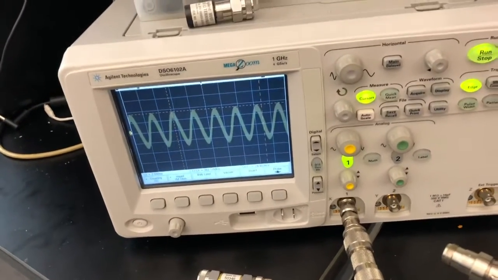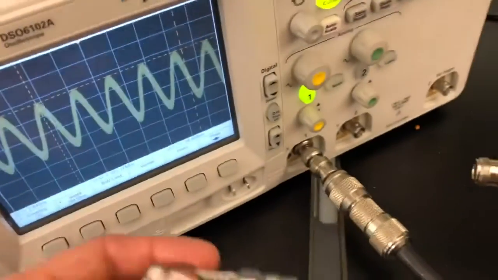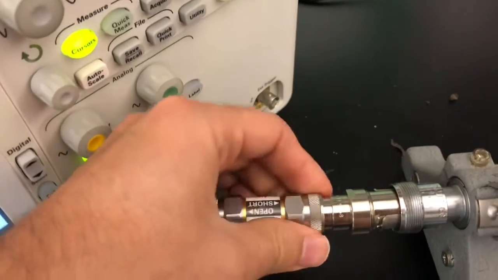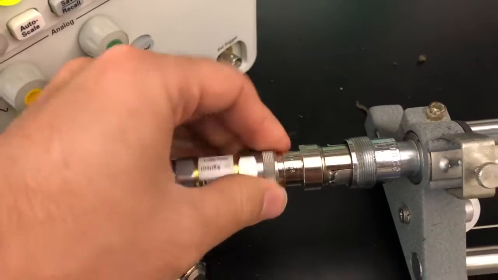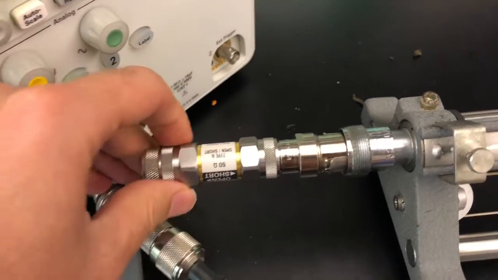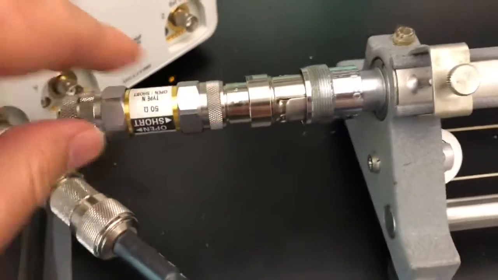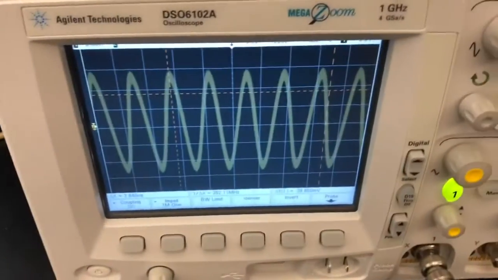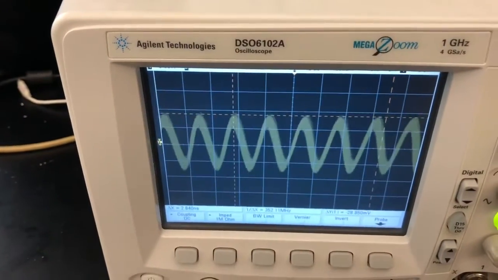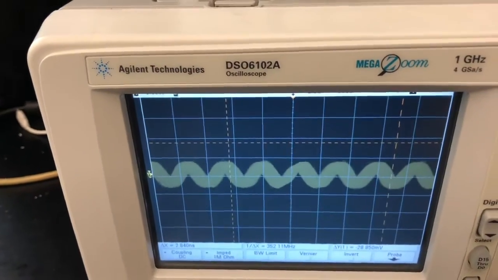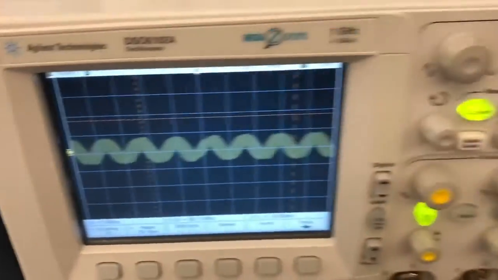First let's connect a short here. Here the short is connected, and I'm going to show a null, a minimum here. This is what I'm seeing right now.